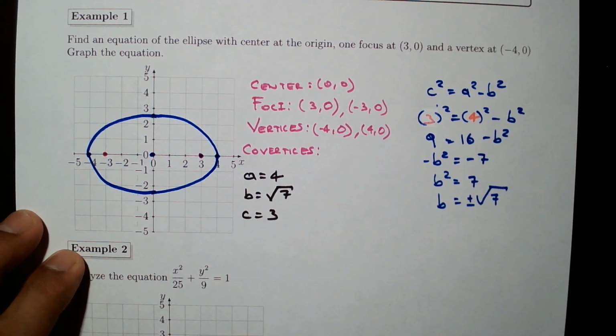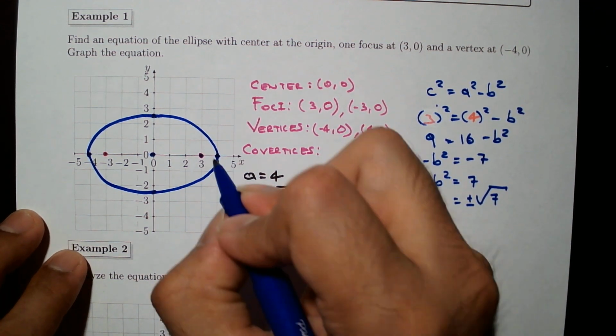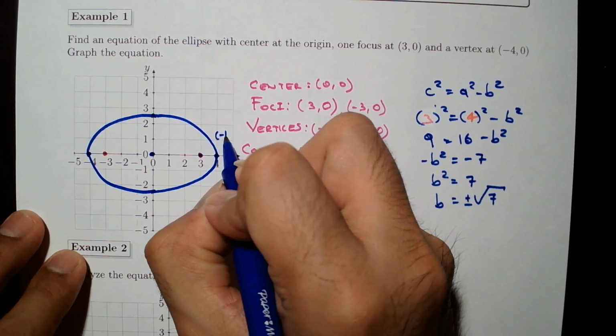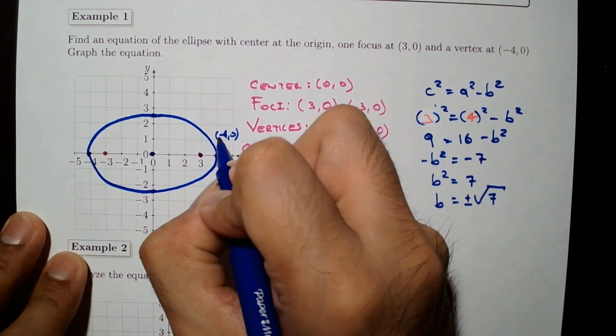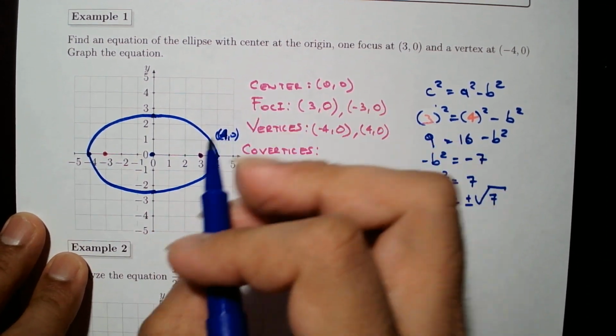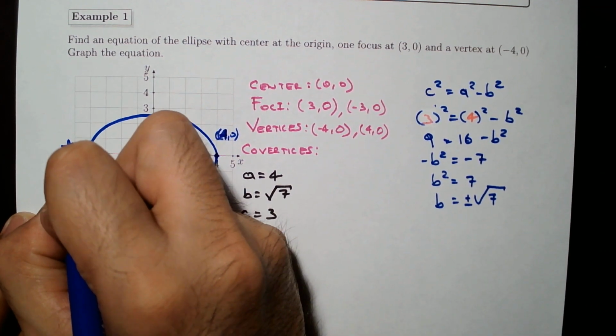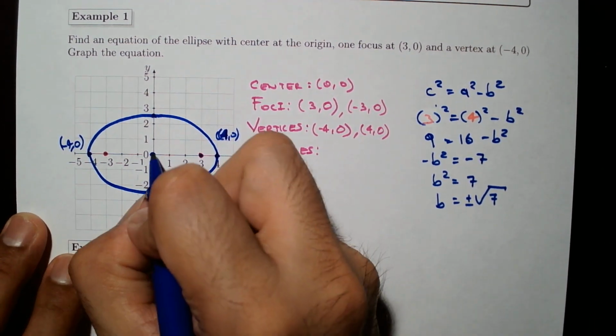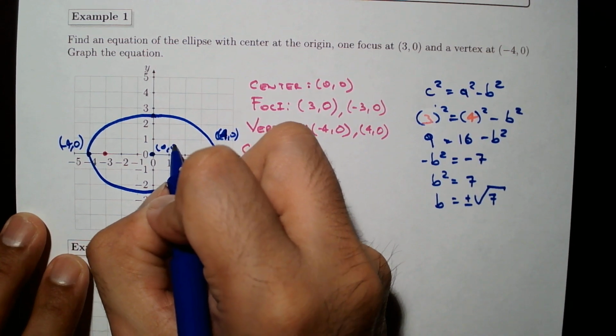Vertices, one of them is negative 4 comma 0, actually positive 4 comma 0, negative 4 comma 0. The center, which is the origin, 0, 0.